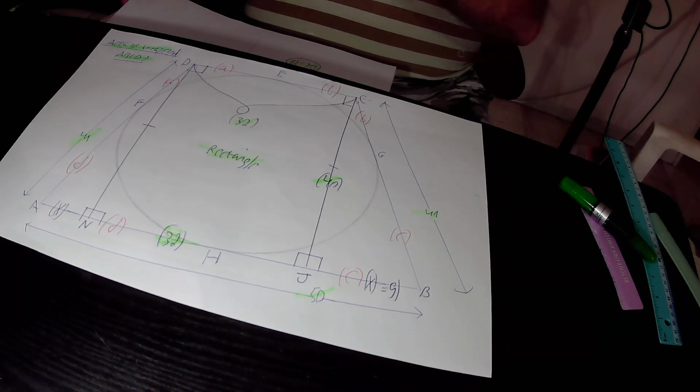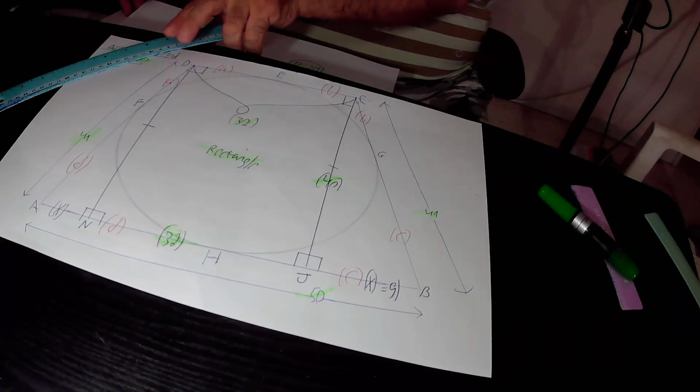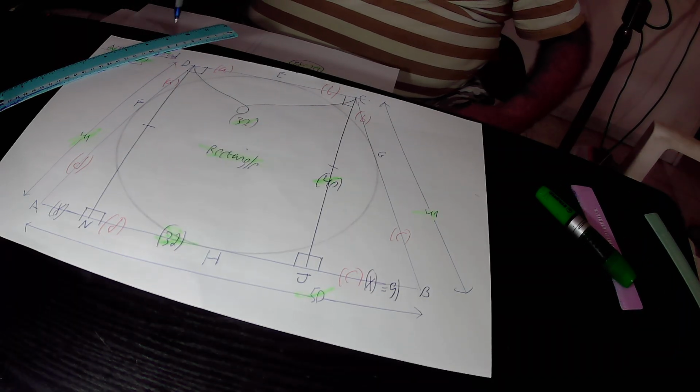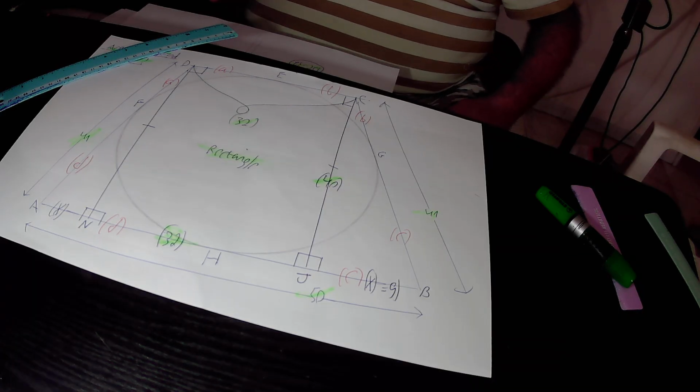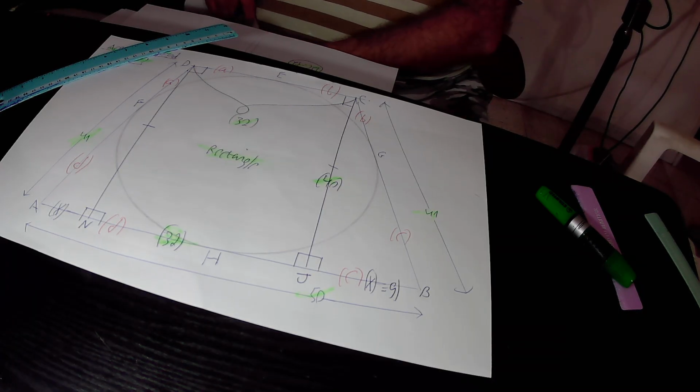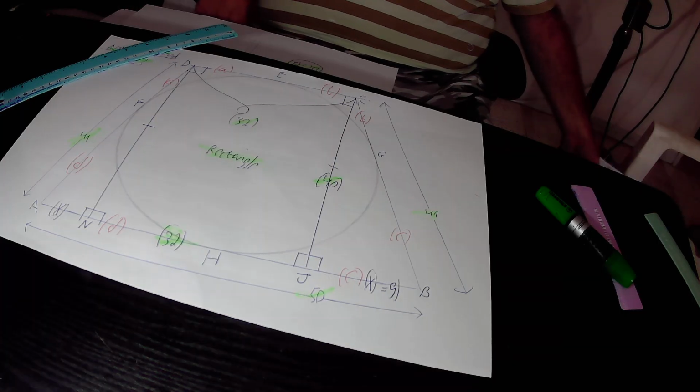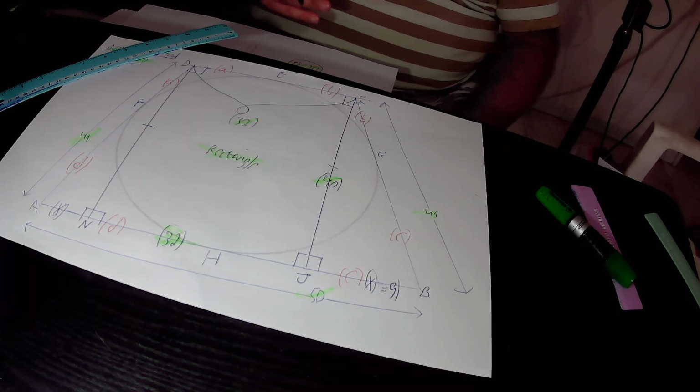Our task in the first question is to find out the area of this trapezoid ABCD. What is a trapezoid?